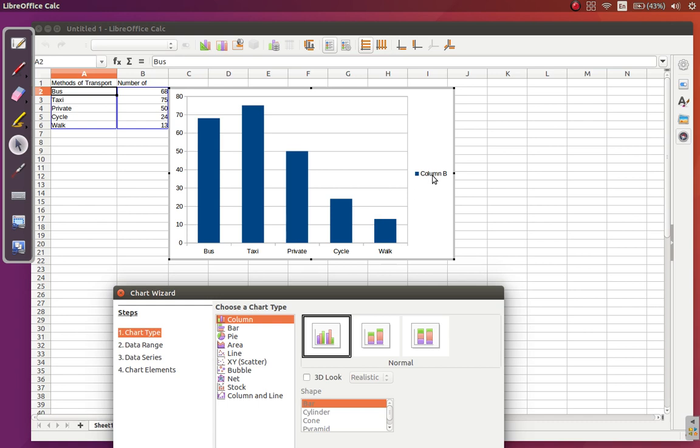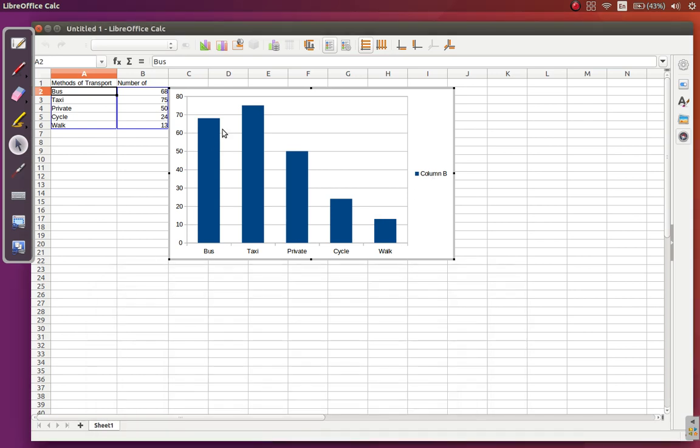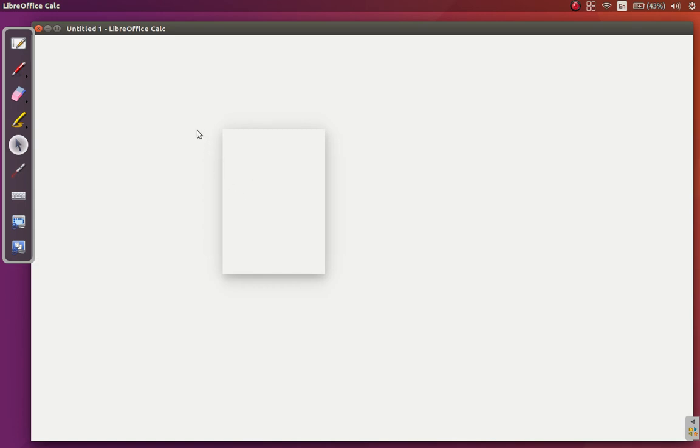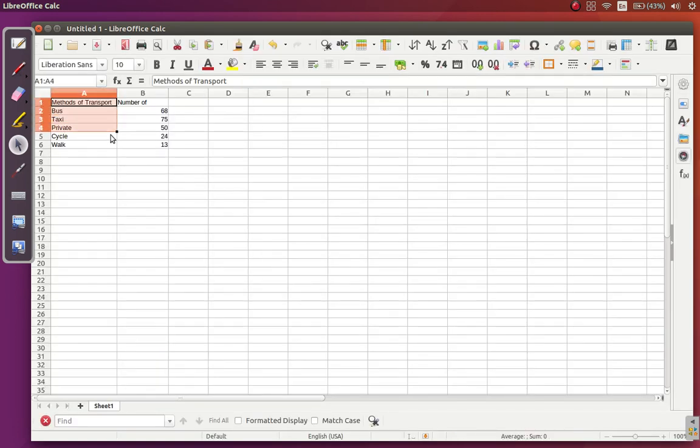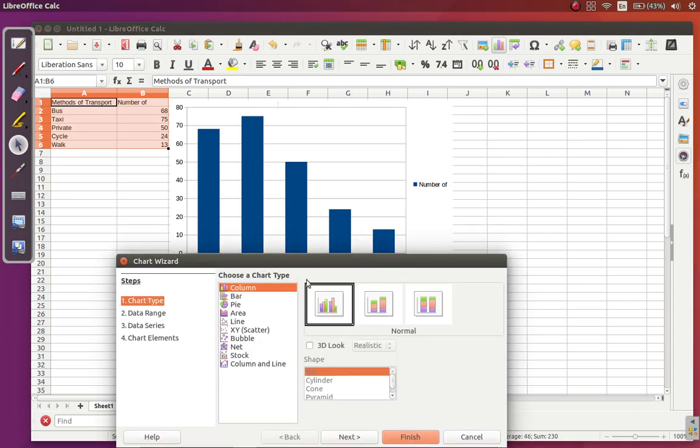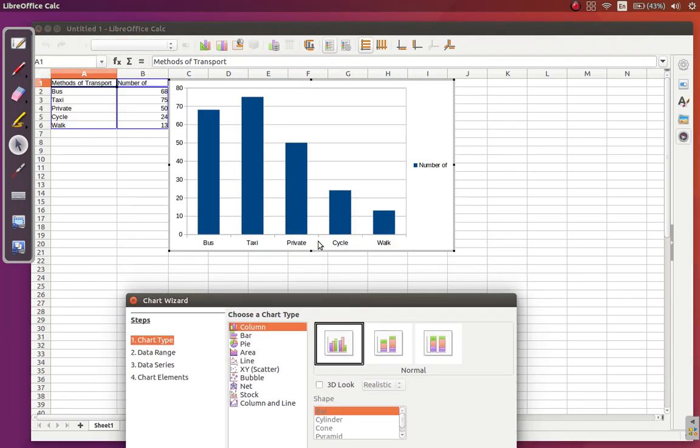In fact, let me just highlight method of transport and number of as well, and insert. All right, so these are the method of transport on the horizontal axis here, vertical axis, number of.